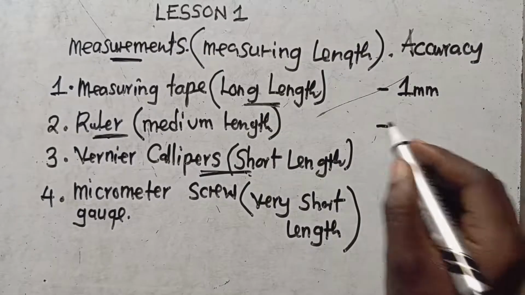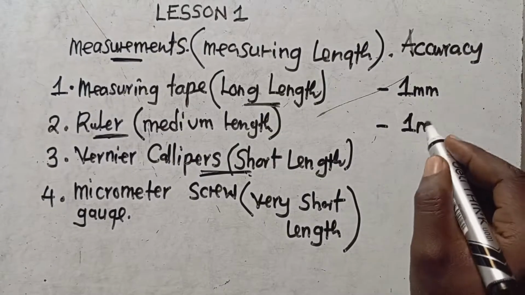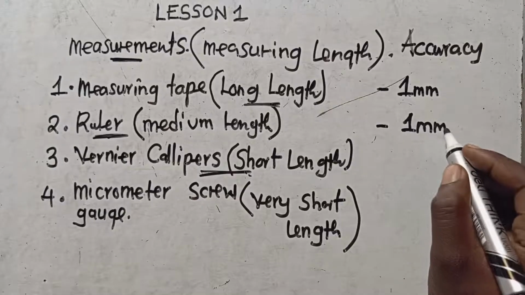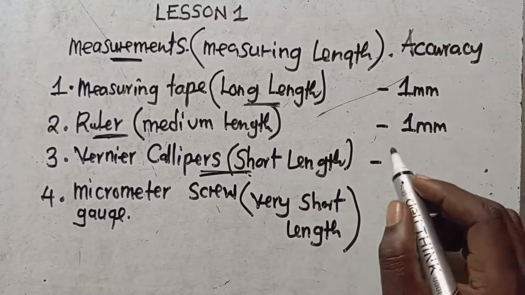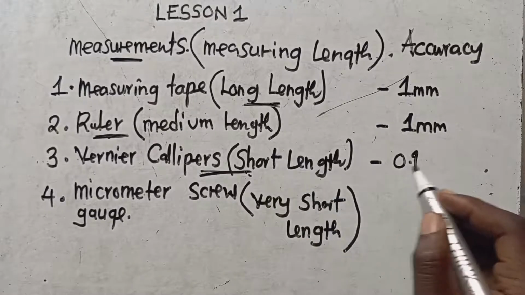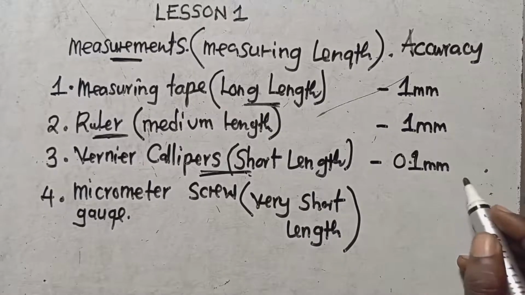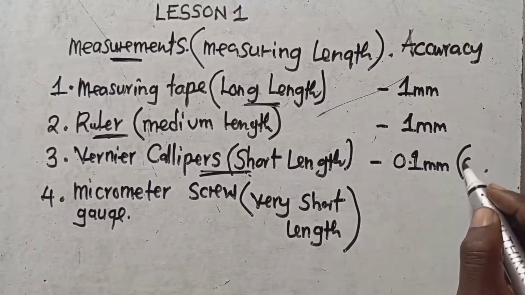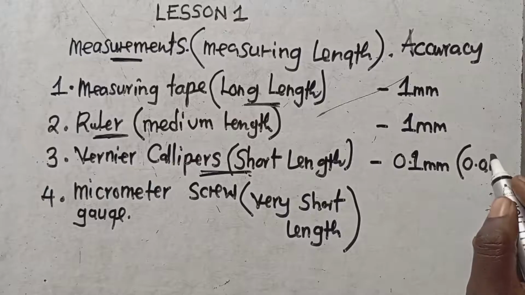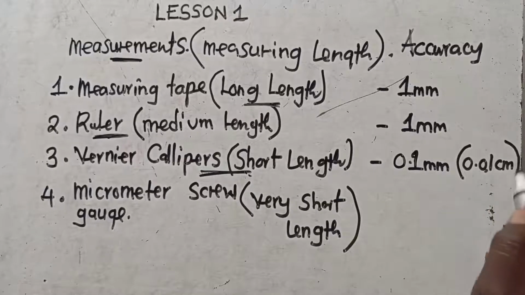The accuracy of a ruler is also 1 millimeter. The accuracy of a vernier caliper is 0.1 millimeters, which in centimeters is 0.01 centimeters. Don't be confused.